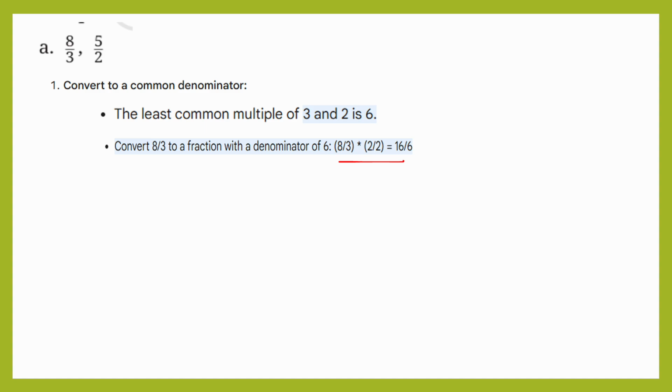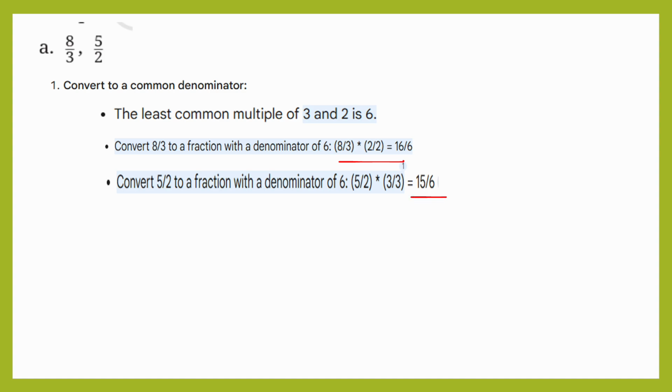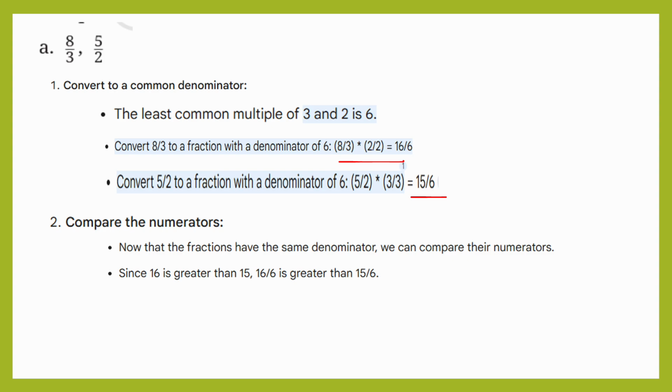So 16 by 6. Then convert the next fraction, 5 by 2, to a fraction with a denominator of 6. You multiply both numerator and denominator by 3. Then you will get 15 by 6. Now the denominators are the same, so we can compare their numerators.